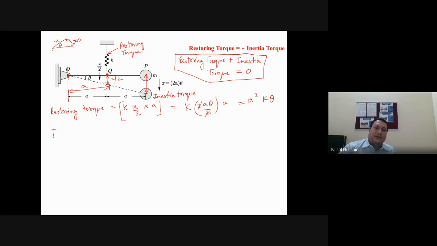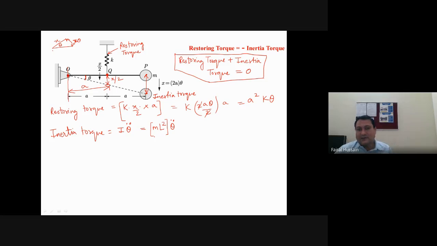Similarly, what will be your inertia torque? Inertia torque is I into theta double dot. For this rod, the mass moment of inertia will be m l square into theta double dot. Now what is length?